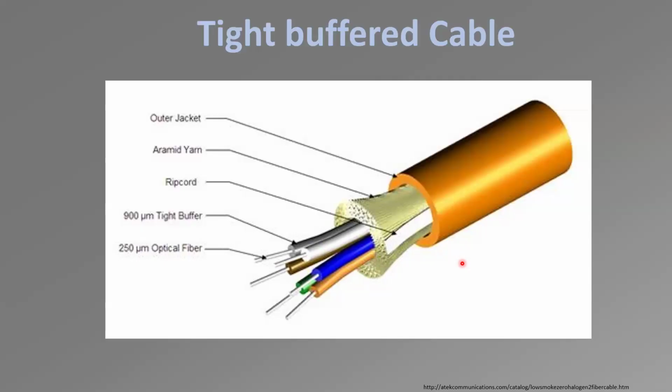IDF stands for intermediate distribution frame, and MDF stands for main distribution frame. In a building, there could be one MDF, and there are multiple IDFs feeding it. The IDFs would be placed strategically around the building in order to keep the distance to no more than 300 feet of any wire that's run end to end.